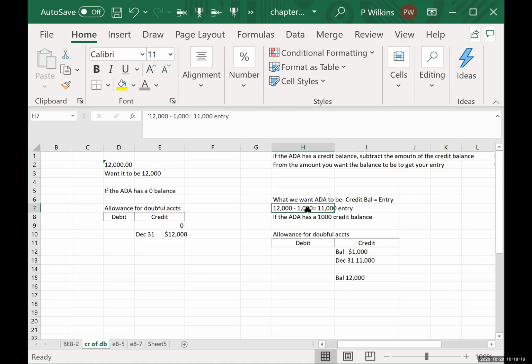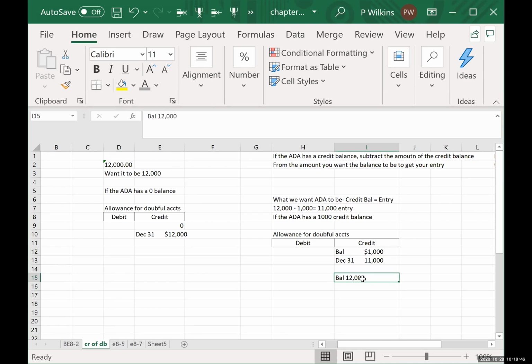It has a credit balance of $1,000, so we're going to subtract that. That's going to give us an entry of $11,000. Now, if you look at the T account down here, you'll see we have a credit balance of $1,000. If we credit that account $11,000, we are now going to have a credit balance of $12,000 when we balance that account, and that's what we want the balance to be, $12,000, okay?